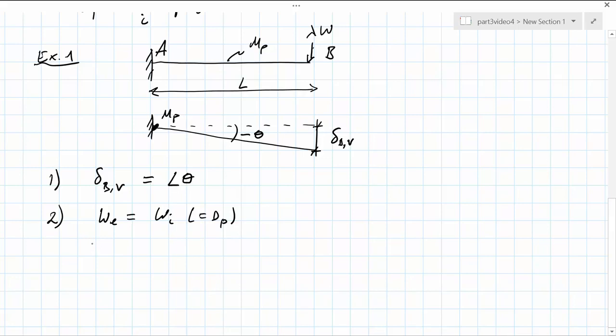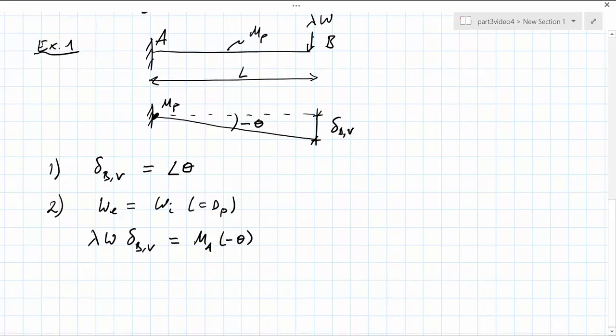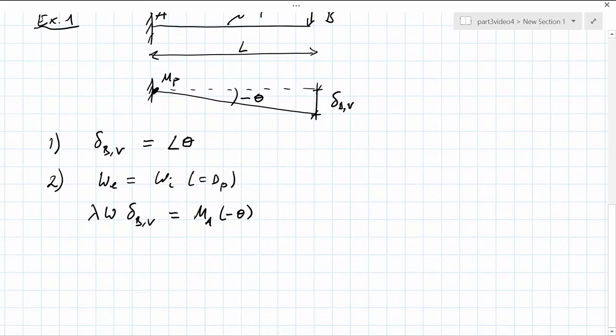The external work done by the load then is the applied loading times the corresponding displacement, and the internal work done at the hinges is given by initially the moment MA times minus theta. We retain this for the moment because we may wish to return to this equation to perform a static check.